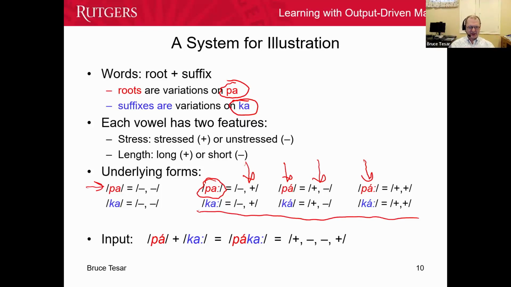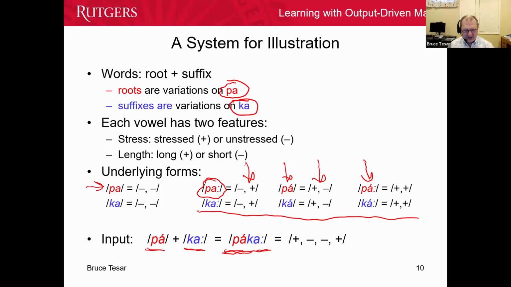Okay, so keeping things nice and simple. When we form an input by picking some particular root and some particular suffix and combining them together, we take the underlying forms of those two morphemes and concatenate them together to get an input. And so we can understand that input effectively as this sequence of four feature values. Now I've written it flat just as four feature values because in what's upcoming, that'll make it a little easier to parse.